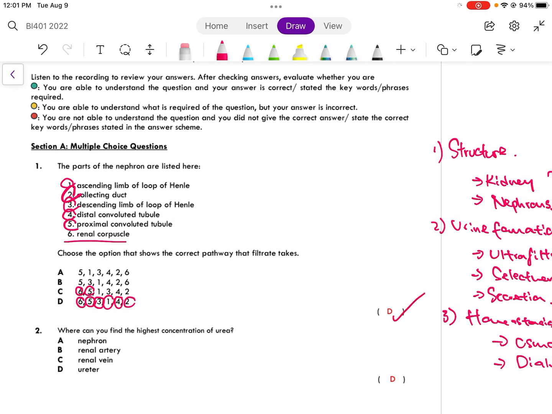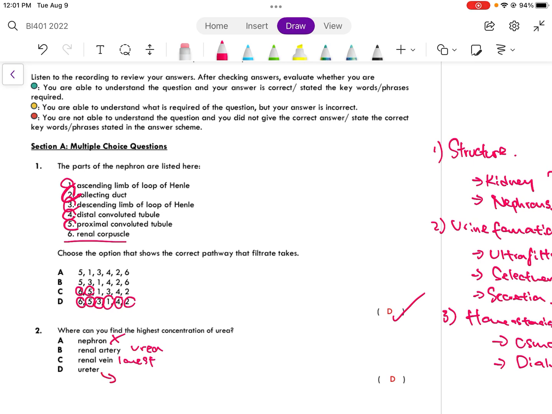Where can you find the highest concentration of urea? Okay, the nephron? No, that's not the highest concentration. Renal artery. Okay, renal artery, yes, it will contain urea, but it won't be the highest concentration yet. The renal vein, you should expect the lowest concentration of urea because the blood has just been cleaned by the kidneys.